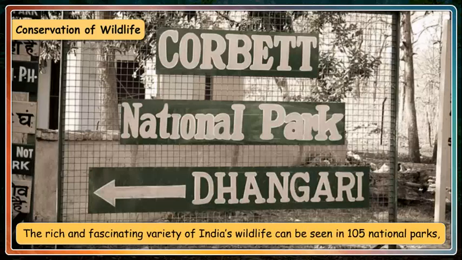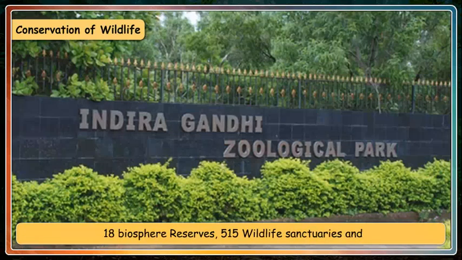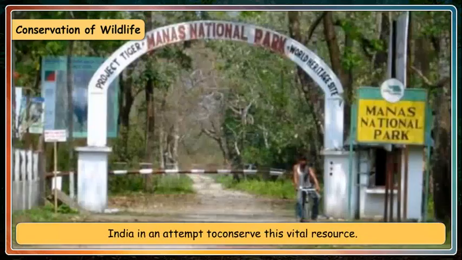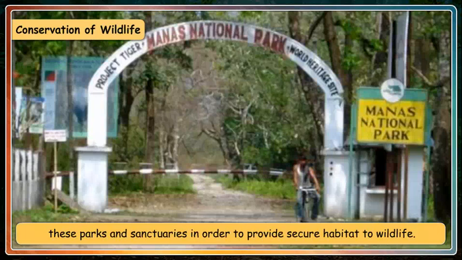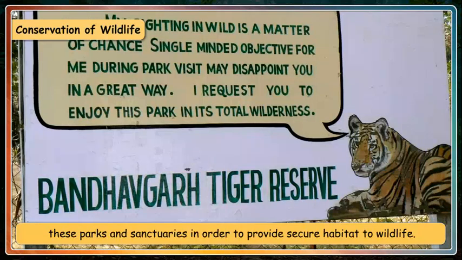The rich and fascinating variety of India's wildlife can be seen in 105 national parks, 18 biosphere reserves, 515 wildlife sanctuaries, and 48 tiger reserves established by the Government of India in an attempt to conserve this vital resource. Killing of animals and cutting down of trees have been banned in these parks and sanctuaries in order to provide secure habitat to wildlife.